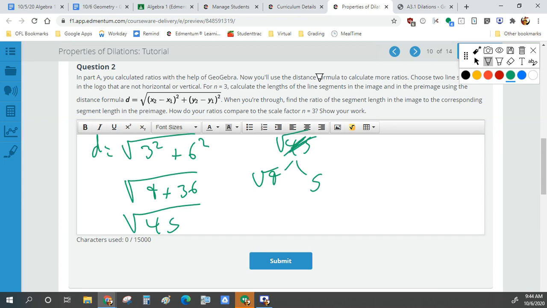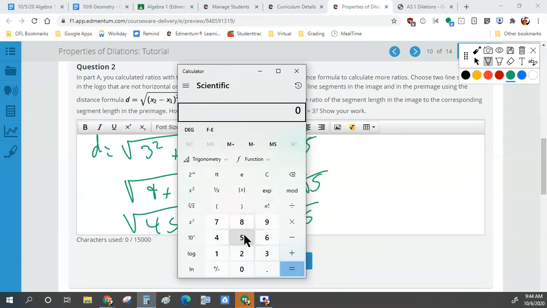So you end up getting this 3 square root 5. Let's see what 3 square root 5 is. My computer's going to go all slow because that calculator takes a lot of time to load. I'm going to take the square root of 5, and I'm going to multiply it by the 3. I see that I get this 6.7.